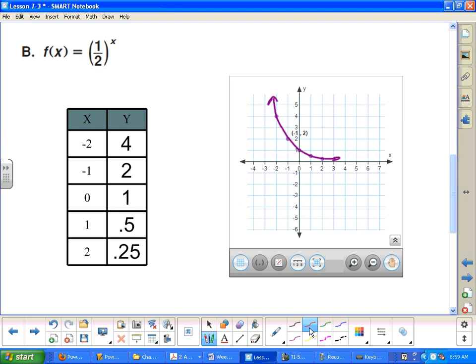So then to do the inverse, we switch them. So we'd have 4, negative 2. 2, negative 1. 1, 0, excuse me. 0.5, 1. 0.25, 2. So we have this graph here.